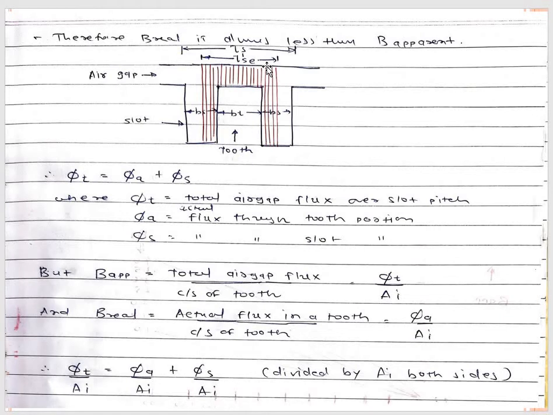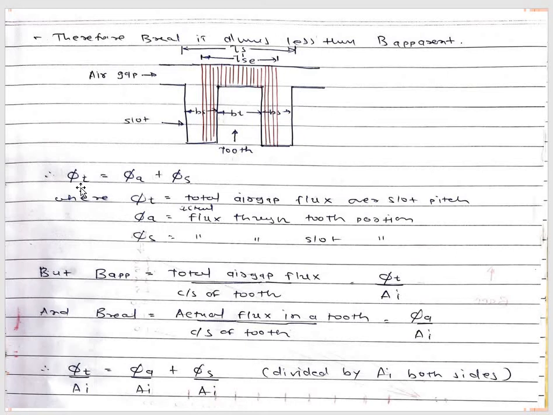Therefore the real flux density is always less than the apparent flux density, because from this B apparent, or B total or B air gap, some portion of the flux is diverted through this slot. These red lines indicate the flux, and this is the teeth flux and this is the diverted slot flux.